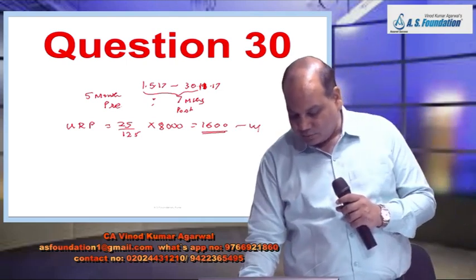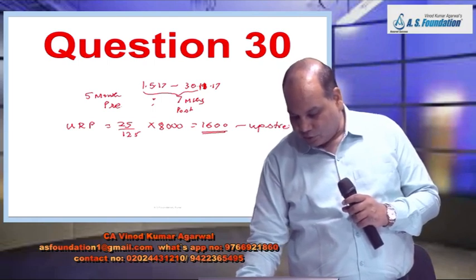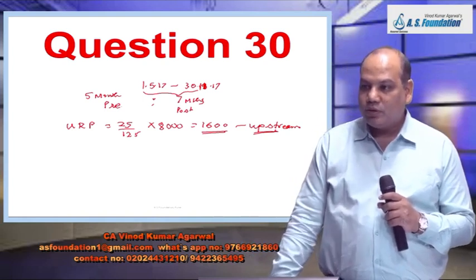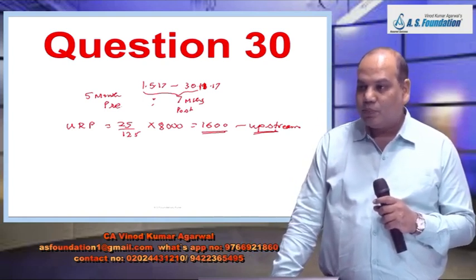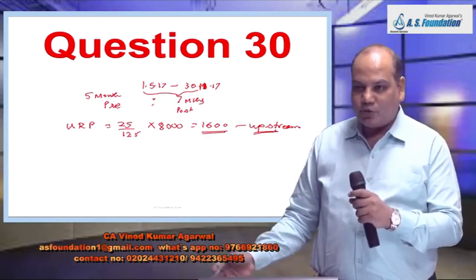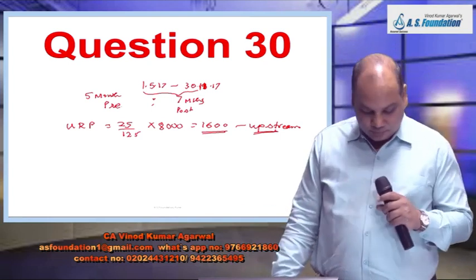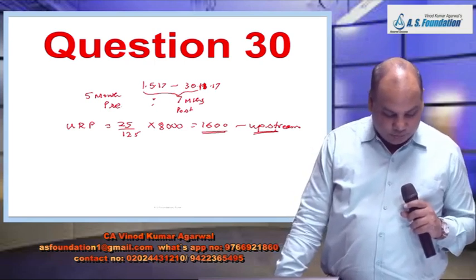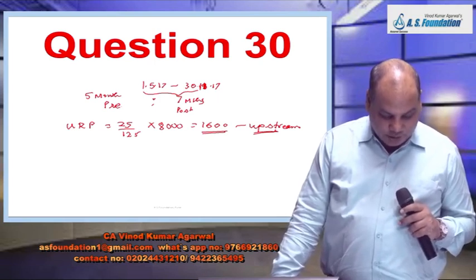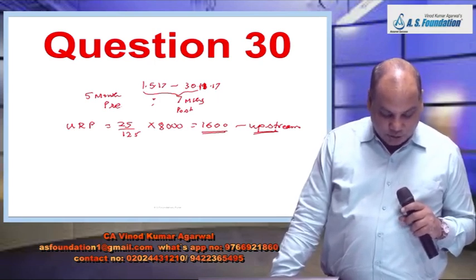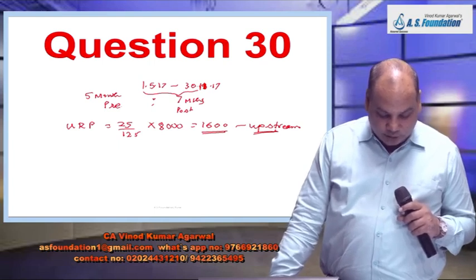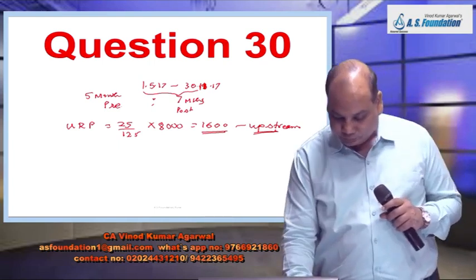Is it upstream or downstream? Upstream transaction. So this will affect NCI also. So we will adjust it in the post acquisition profit of subsidiary and then divide the post acquisition profit of subsidiary. Point number 2. On 1st June 17, K transferred an item of plant to S for 15,000. The carrying amount was 10,000.